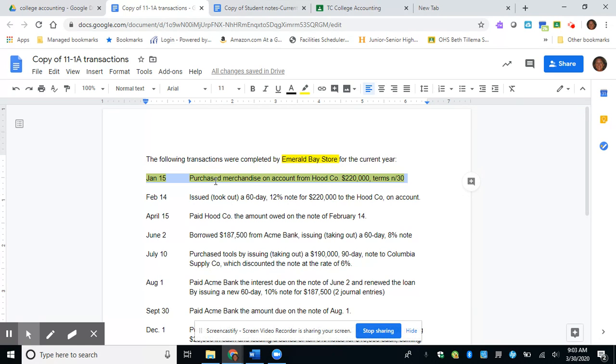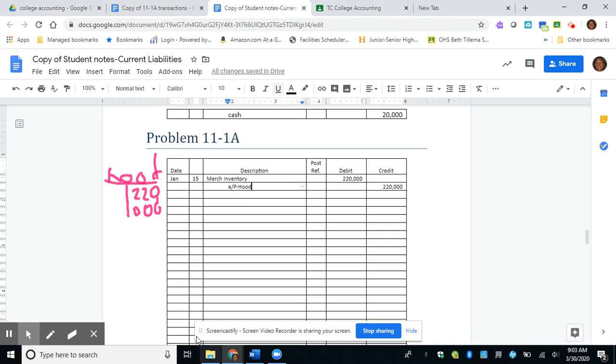I am going to turn my accounts payable into a note at 12% for 60 days. So I can see now that in order to cancel out this accounts payable, I have to debit my accounts payable to get rid of it. And then I'm going to credit and issue a notes payable to Hoods. This is on February 14th.